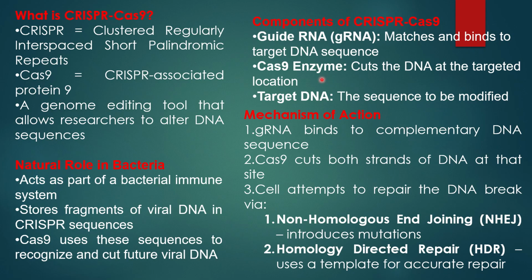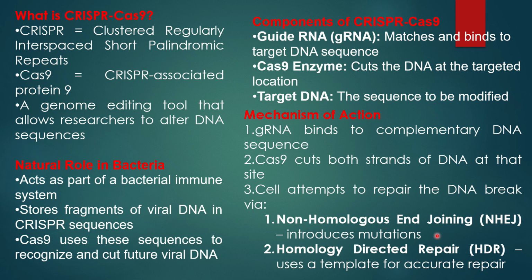What is the mechanism of action? I will show you a pictograph of how the mechanism works. The guide RNA binds to complementary DNA sequences. Then Cas9 cuts both strands of DNA at these sites. Then the cell attempts to repair the DNA breaks via two procedures: one is non-homologous end joining, the second is homology directed repair.